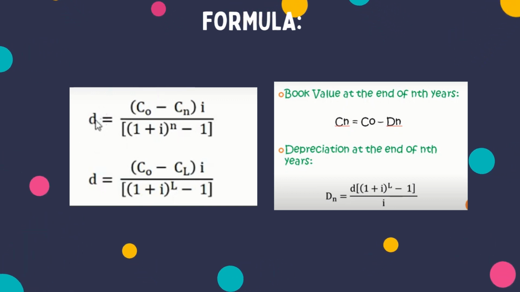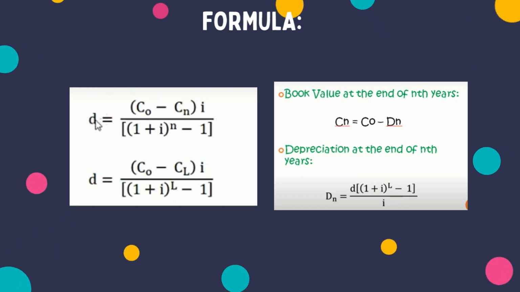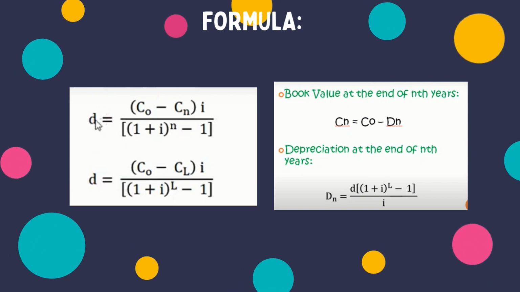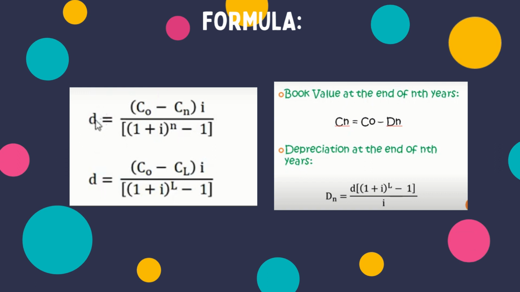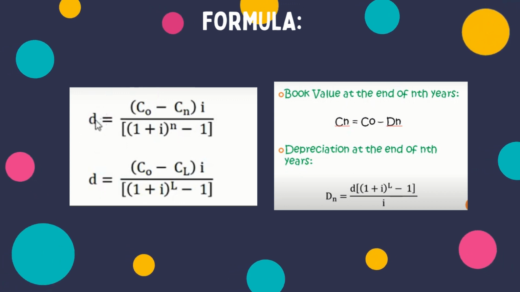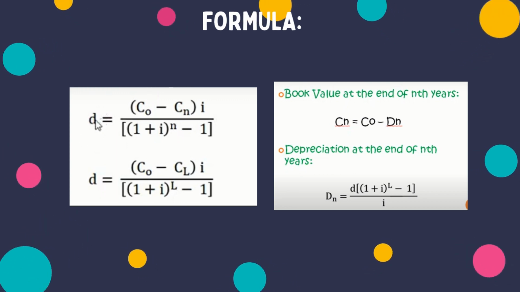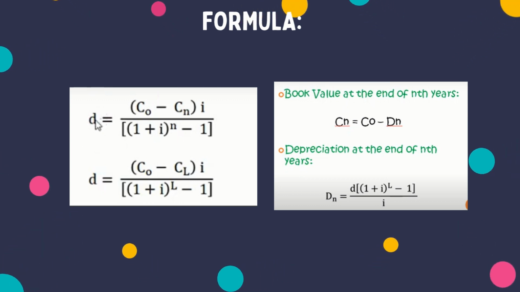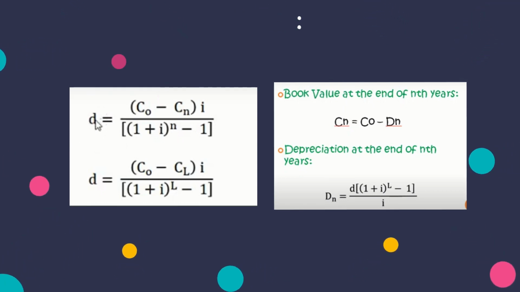And for the book value at the end of nth year, C sub N equals C sub O minus D sub N. And for the depreciation at the end of nth year, D sub N equals d times (1 plus i) to the power of L minus 1, and then over i.